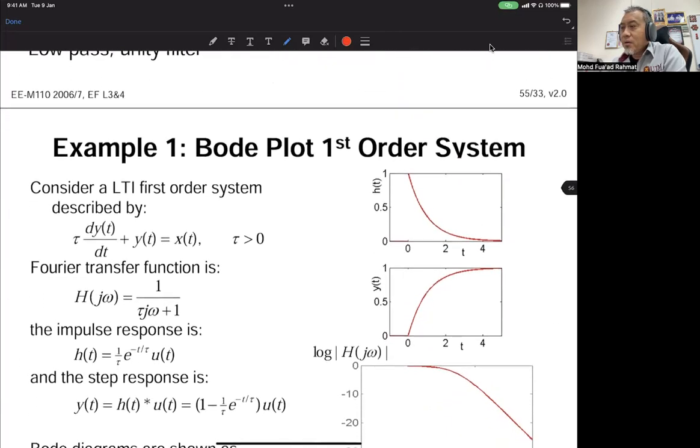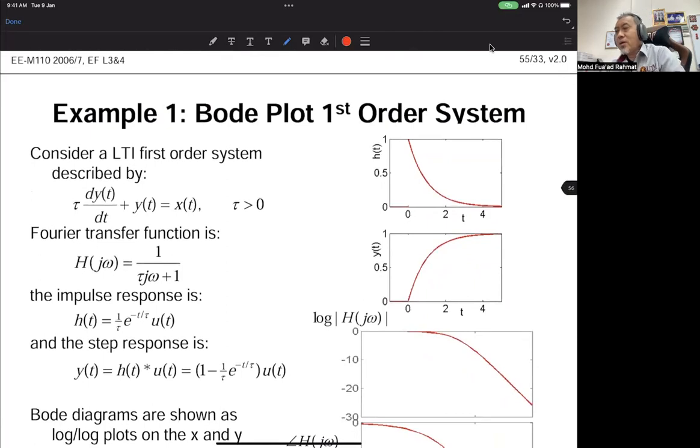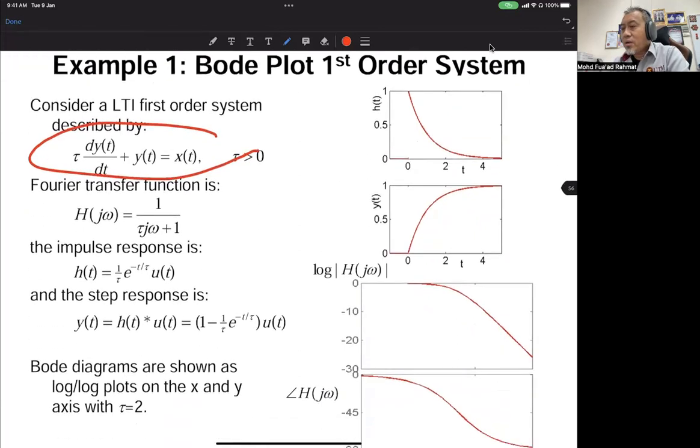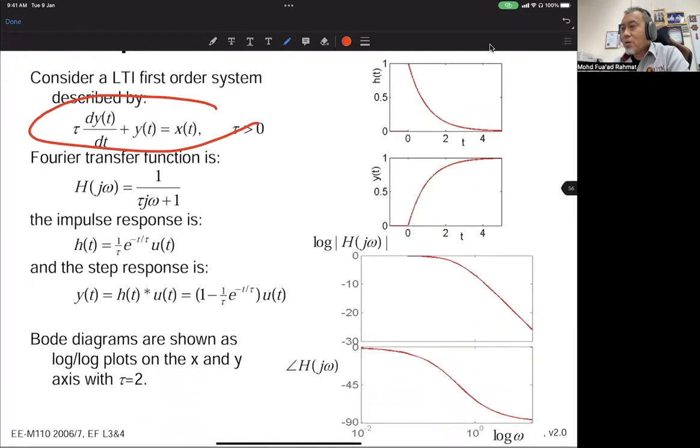So this is a sample of a first order system, which is given by these equations. So when you apply the impulse and step response, it will give you something like this. This is for the impulse. This is for the step. Okay, there's a time delay there.